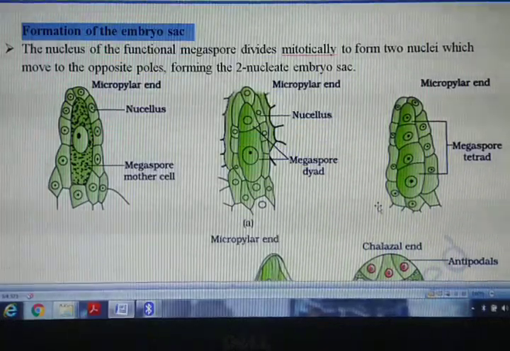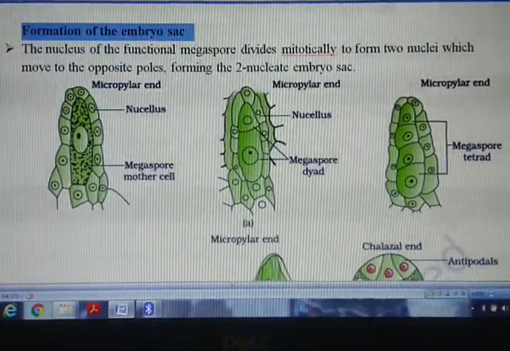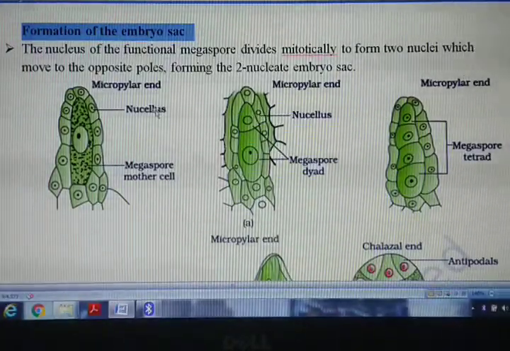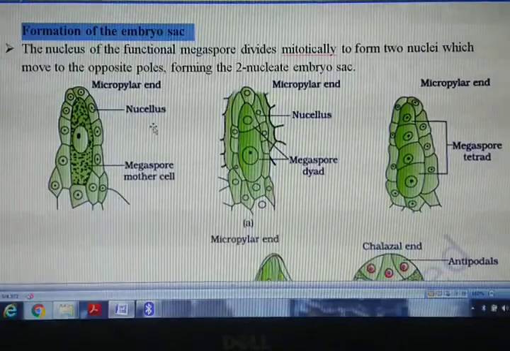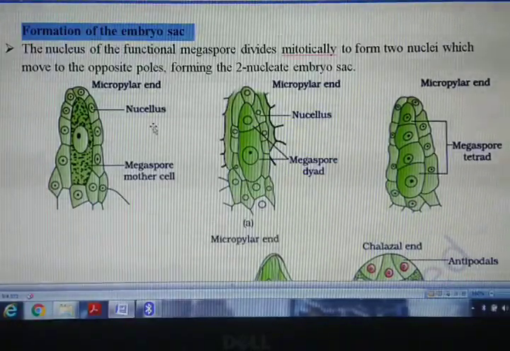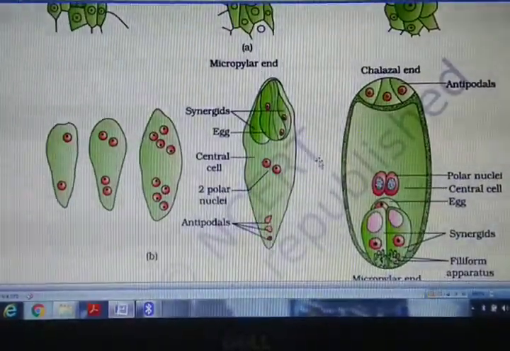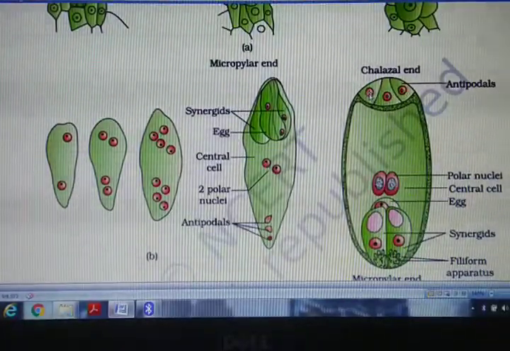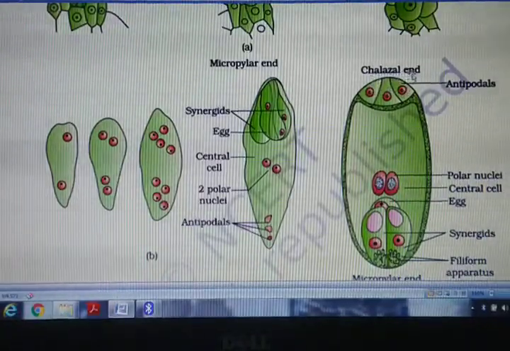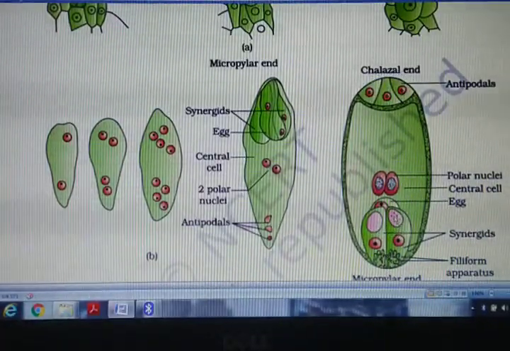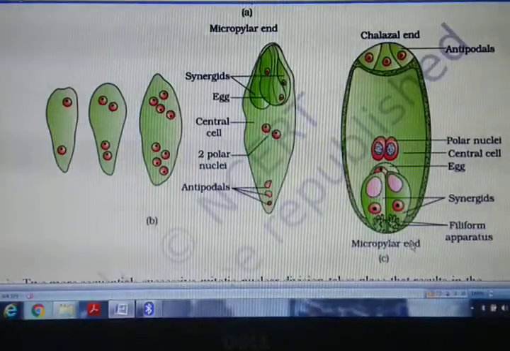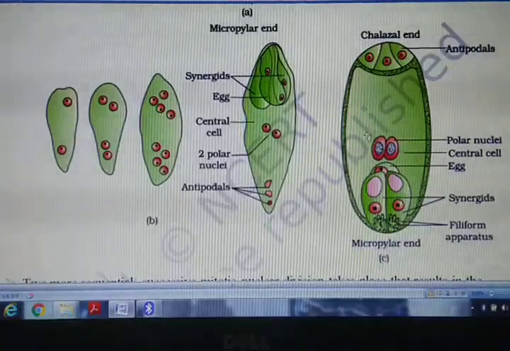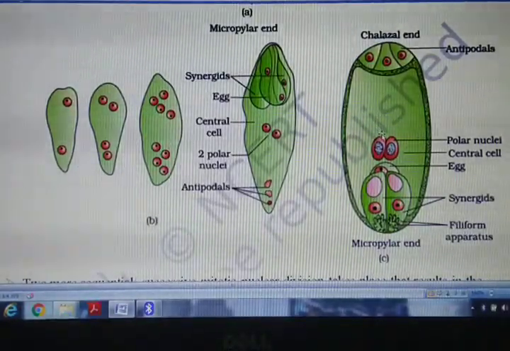Everyone, in the last video we discussed the formation of the embryo sac. In that we understood how the embryo sac develops: 7 cells are there with 8 nuclei. 3 cells are arranged at the chalazal end, 3 cells are arranged at the micropylar end, and one large cell, that is the central cell, is arranged at the center with 2 polar nuclei.